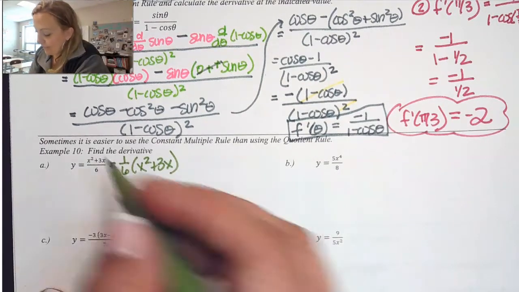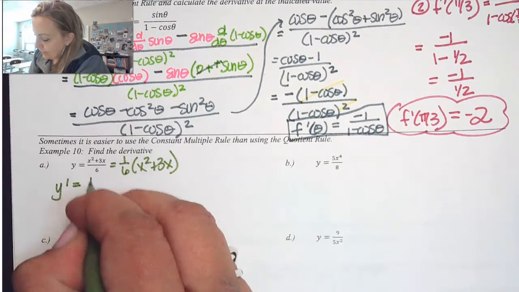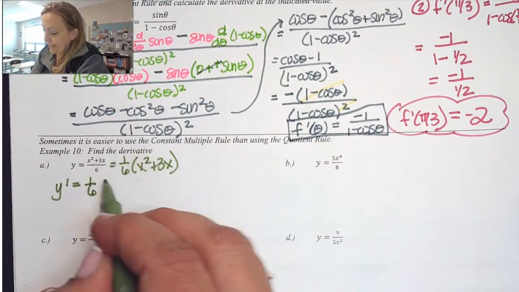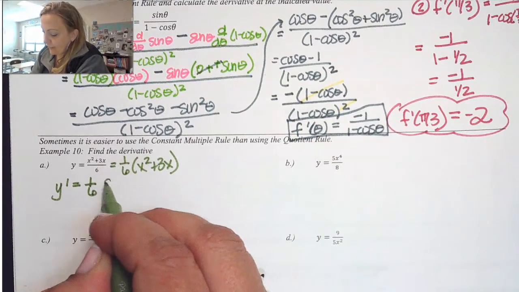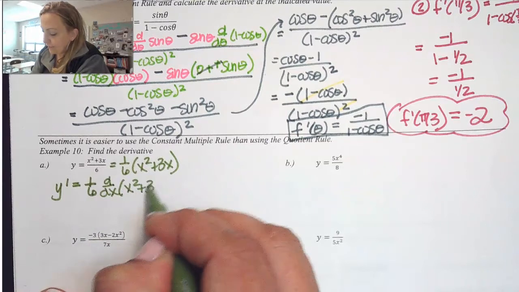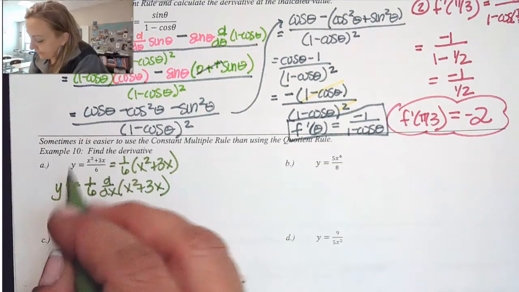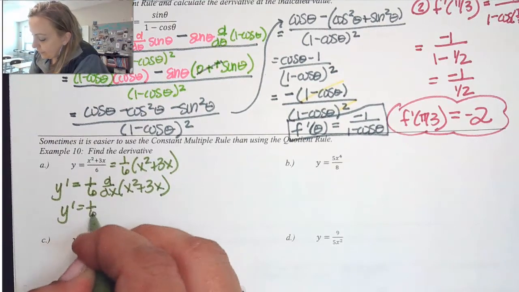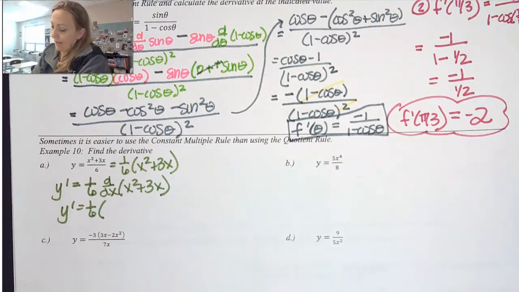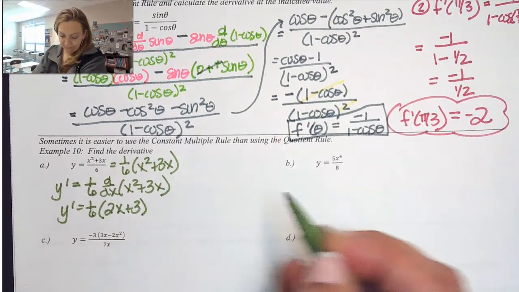But then when you find y prime, you're going to take 1/6 and then take the derivative of the x squared plus 3x. So you can pull out the constant and go from there. The derivative of x squared plus 3x is going to be 2x plus 3.